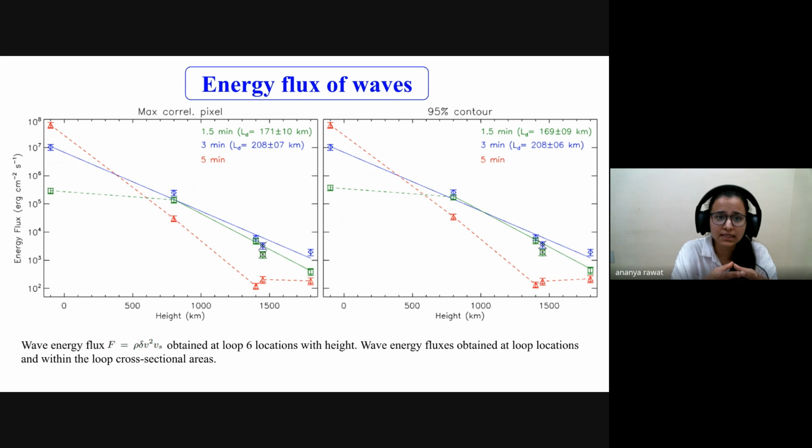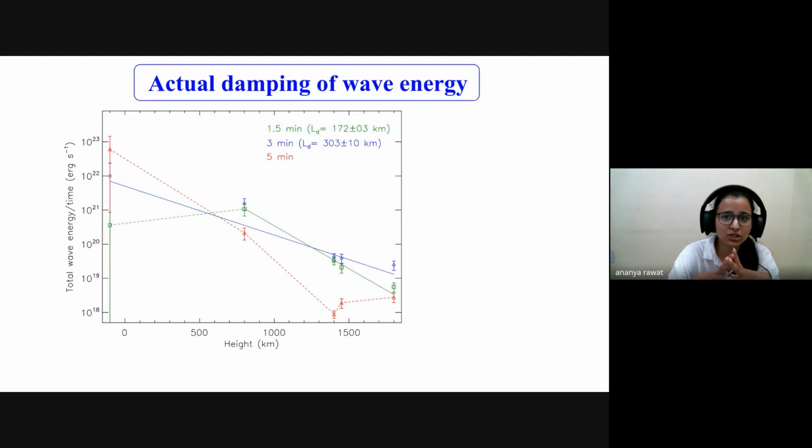Now, this is the apparent damping of these waves, because we have not incorporated the area divergence. To incorporate the area divergence, we multiplied the area which we determined previously with this energy flux, and we determined the actual damping of these waves.